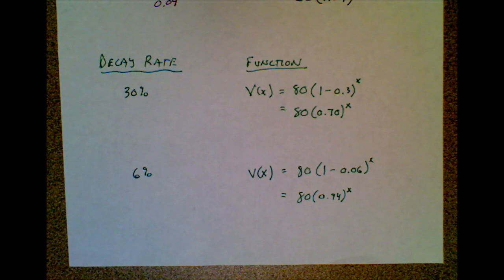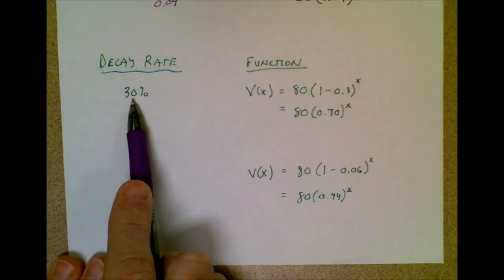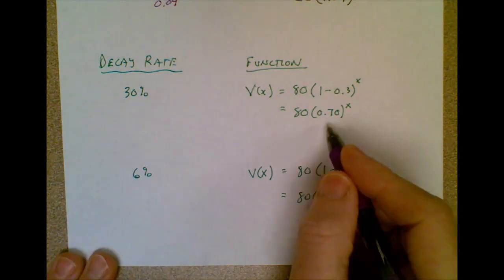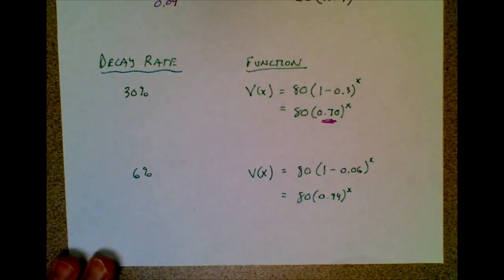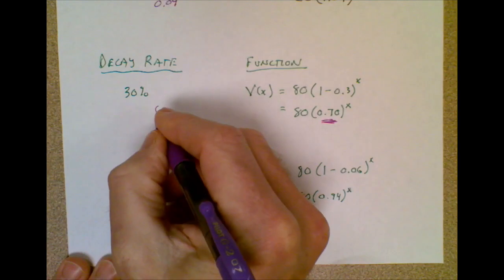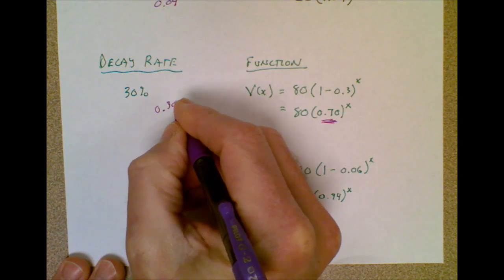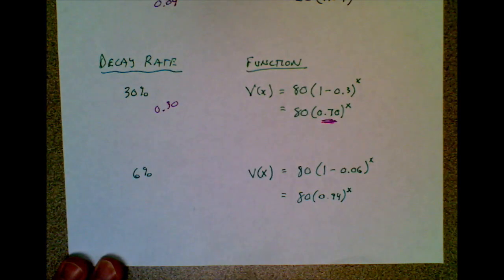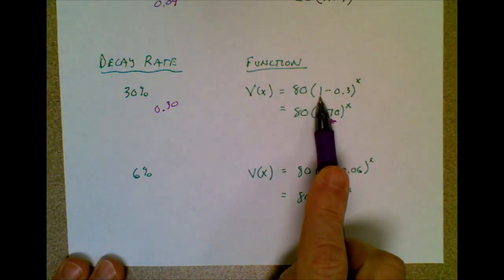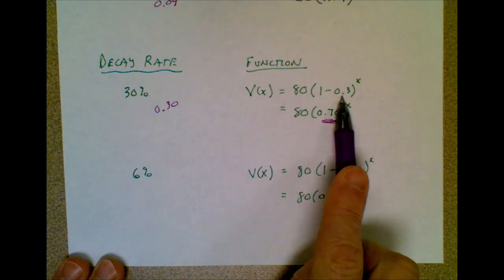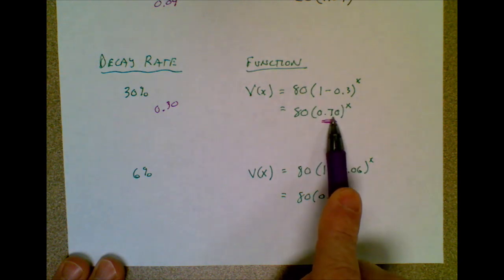The same idea happens with the decay rate. If I have a 30% decay rate, I know the number that I eventually have inside here has to be less than 1 to represent decay. And 30% as a decimal is 0.30. So I always base it off of 1. 1 minus 0.3 gives me my decay rate.